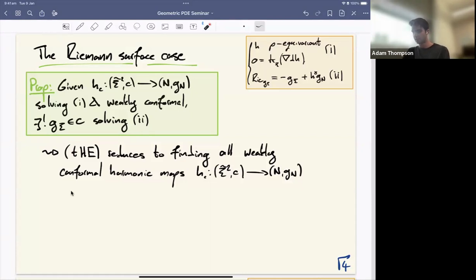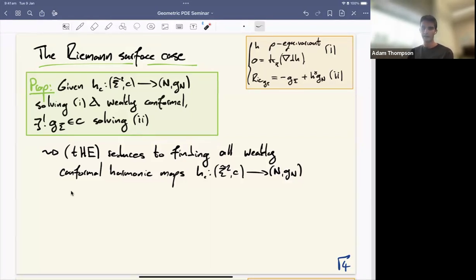And so what that tells me is that my twisted Harmonic-Einstein equations, in this case, reduce to finding weakly conformal harmonic maps coming out of these Riemann surfaces. Okay, so if I fix C, all I have to worry about is finding a harmonic map that's also weakly conformal.